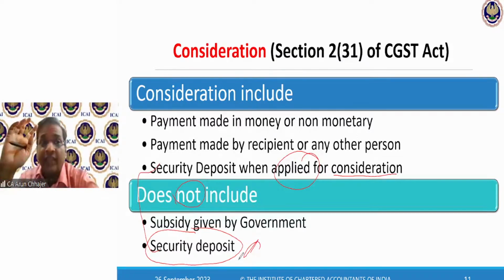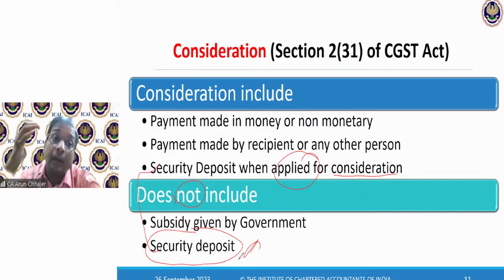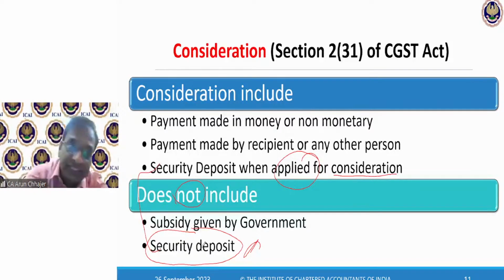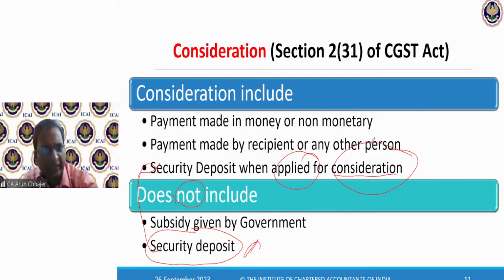Now he is applying the security deposit against rent. It means for the 10th and 11th months, I have not paid anything to the landlord, but because he is adjusting the security, he will pay the GST if applicable.